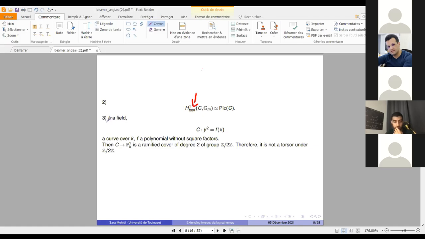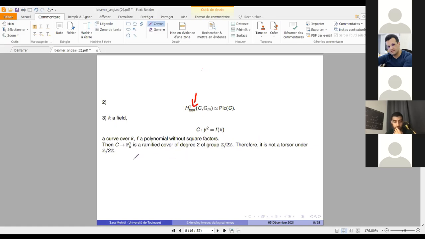Now, if I take K to be a field and I consider the curve given by y squared equal f of x, with f a non-constant polynomial, then the curve is a ramified cover of P1 of degree 2 under the group Z over 2Z. And here we do not have a torsor.